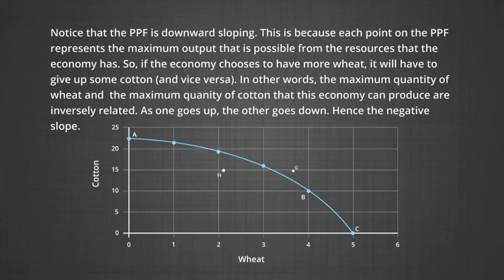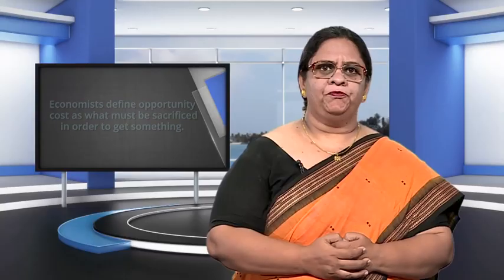So, if the economy chooses to have more wheat, it will have to give up some cotton and vice versa. In other words, the maximum quantity of wheat and the maximum quantity of cotton that this economy can produce are inversely related. As one goes up, the other has to go down, hence the negative slope.